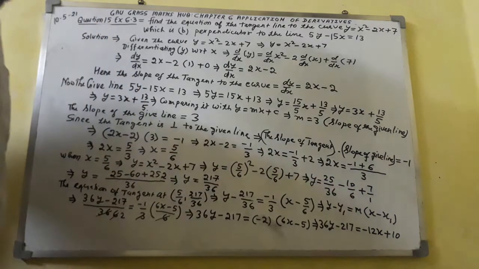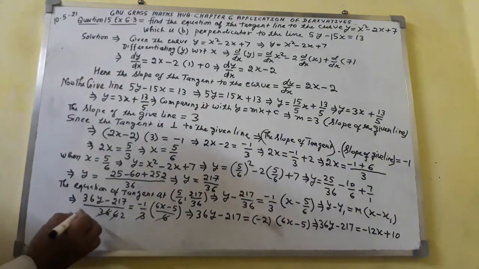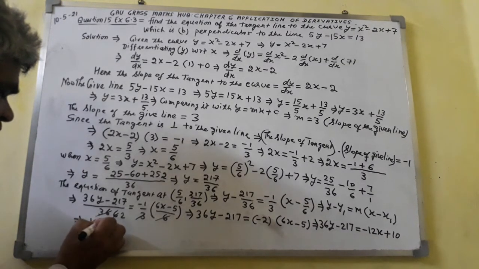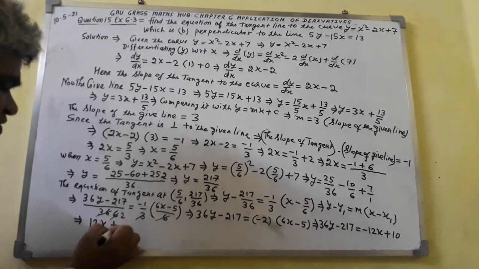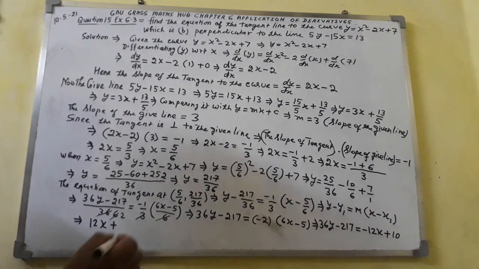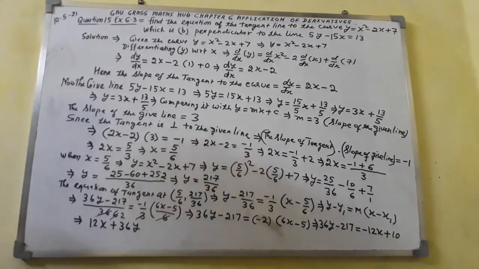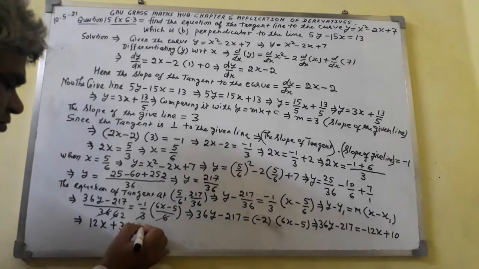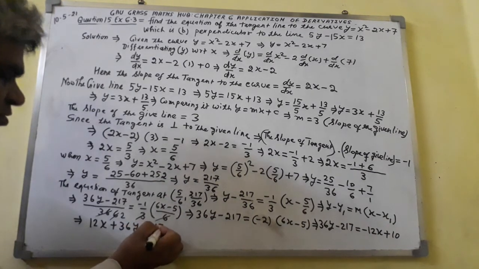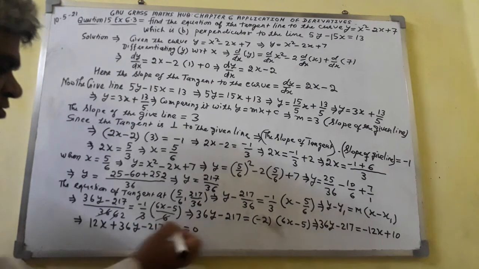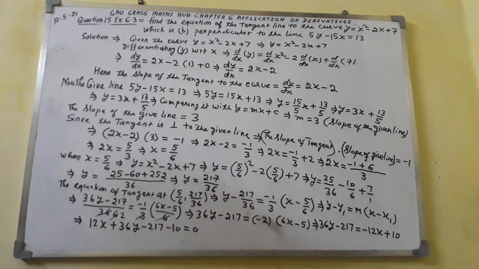This thing I have got. Now again I shall write 12x plus 36y minus 217 minus 10 equal to 0. This thing we have got.